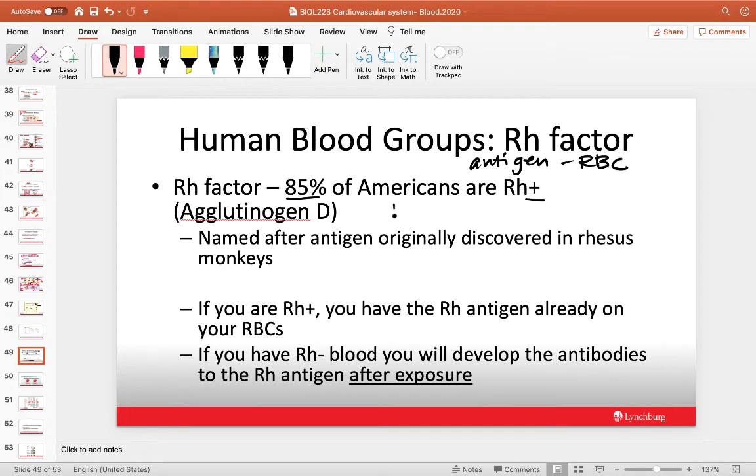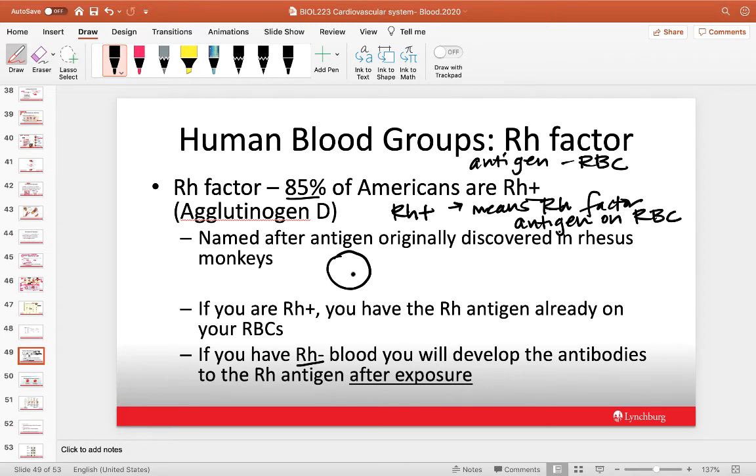If you are Rh positive, it means that you have the Rh factor, or antigen, on your red blood cell. So positive means that it's there. If you have Rh negative blood, that means that your red blood cell does not have the Rh factor.